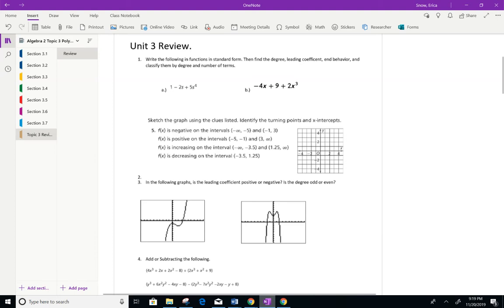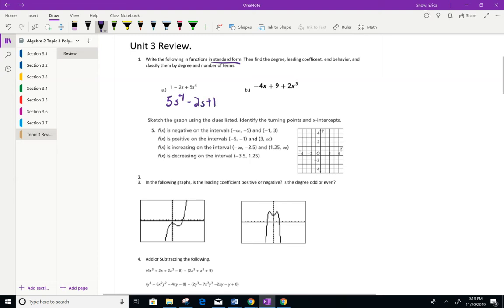So our first question says to write the following functions in standard form. And standard form, remember, counts down from the highest exponent of the variable. So this one is going to be 5s to the fourth minus 2s plus 1. And the degree of this one is 4.